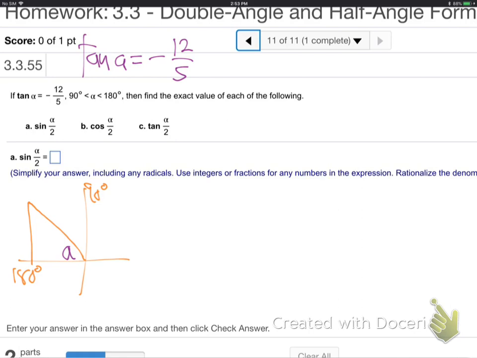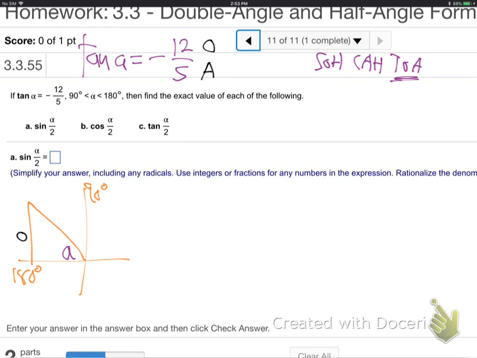Okay, tangent. Remember the SOHCAHTOA. Tangent is opposite over adjacent.